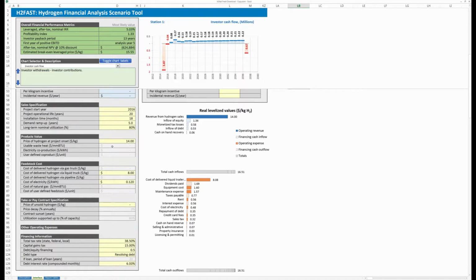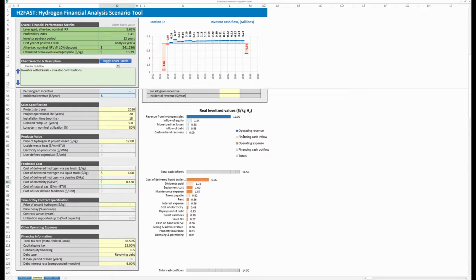The next thing you want to look at is what is the price of hydrogen you want to charge. We'll tone this down a little bit. We'll set the price to $12. We'll say that we can purchase liquid hydrogen for $6, and we'll leave the price of electricity at 12 cents. So with that, we can already start looking at some of the results.